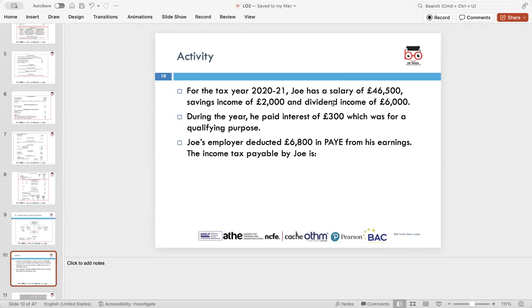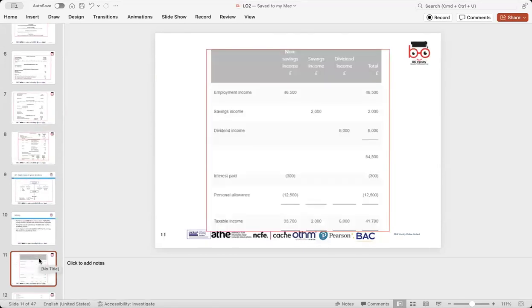So in this case, non-savings income is his salary, which is 46,500 pounds. Then savings income includes interest from bank accounts or other investments. Joe's savings income is 2,000 pounds. Then dividend income is 6,000 pounds.